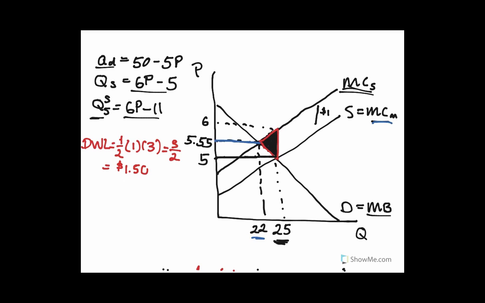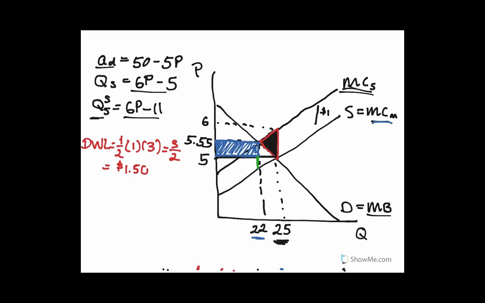So we can find out actually how much of this tax was paid for by consumers and how much was paid for by producers, right? So consumers now face a higher price, and they have to pay this higher price for 22 units. So this entire upper region here is paid for by consumers, and obviously that's going to be 55 cents times 22, and then there's just going to be this lower region here because now producers are getting a lower price for each one of these units.